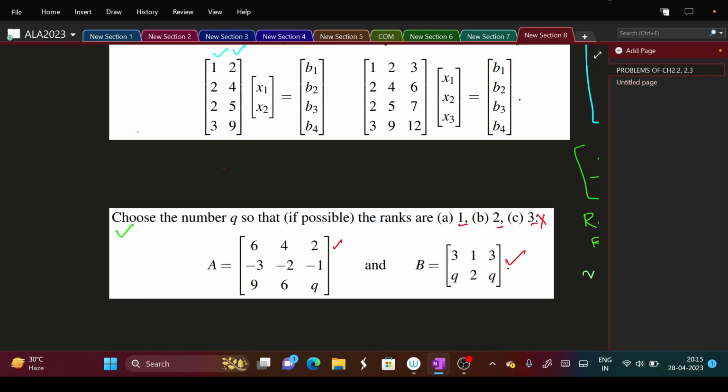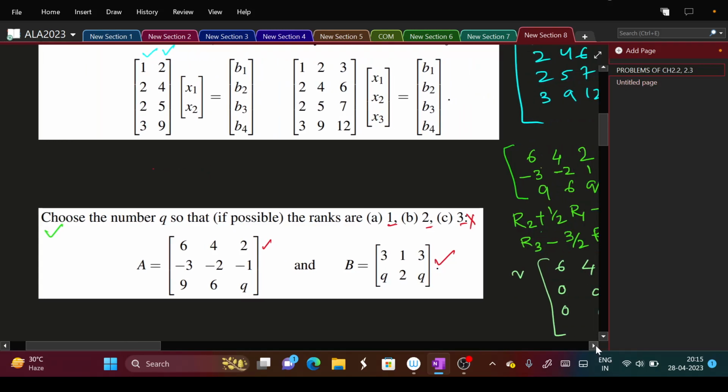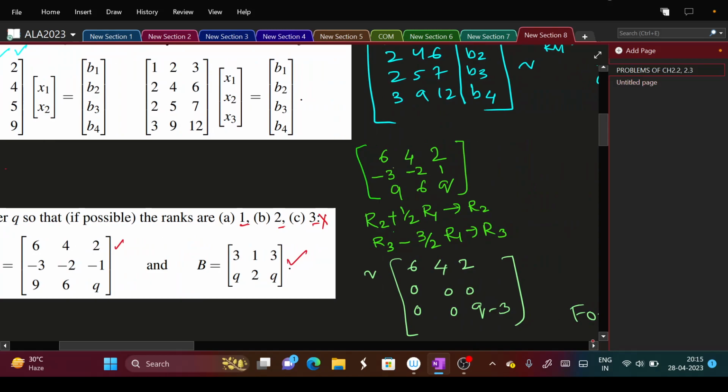Next, we will go for what value of q the rank is 1 and for what value of q it is of rank 2. Let us write down the first matrix. A is equal to 6, 4, 2, minus 3, minus 2, 1, 9, 6, q.